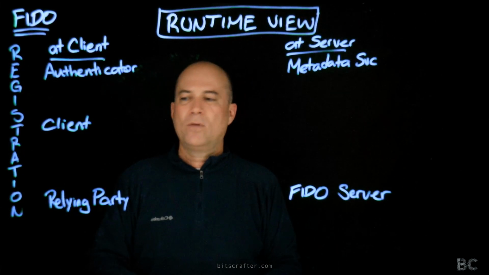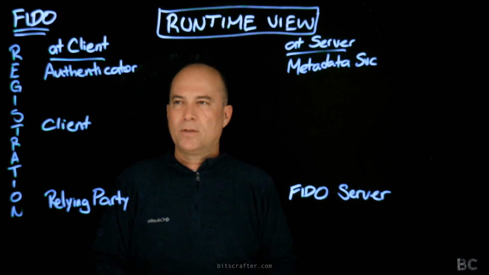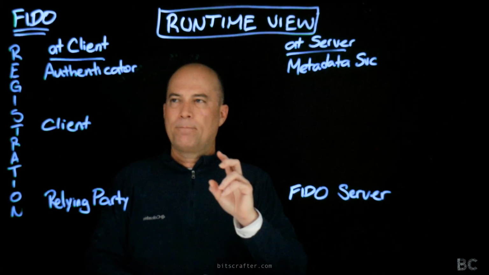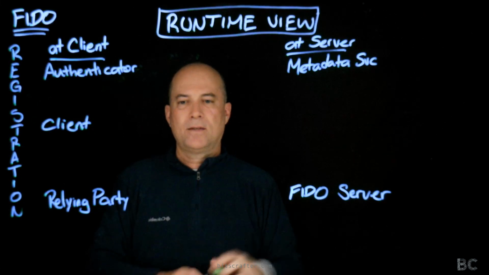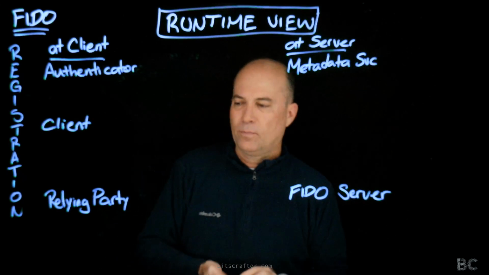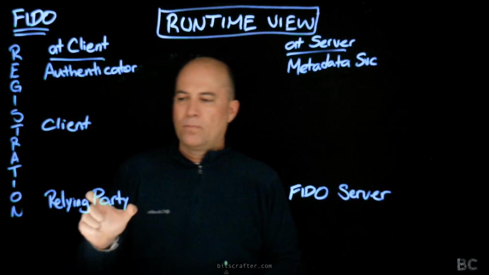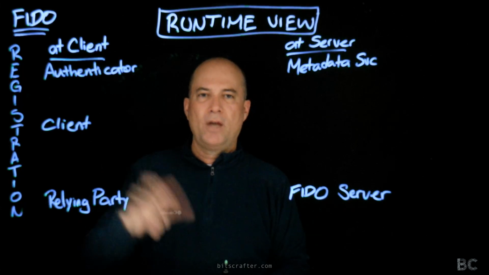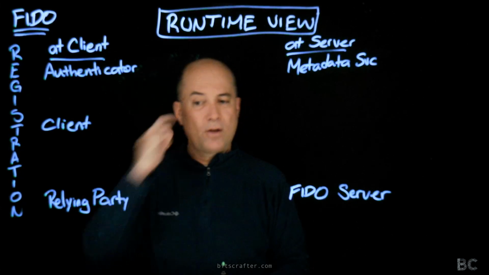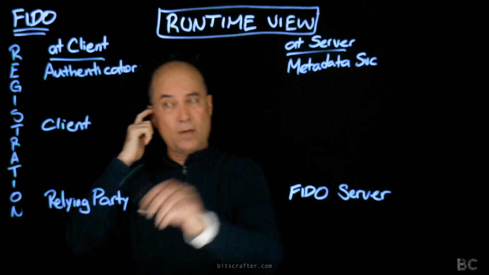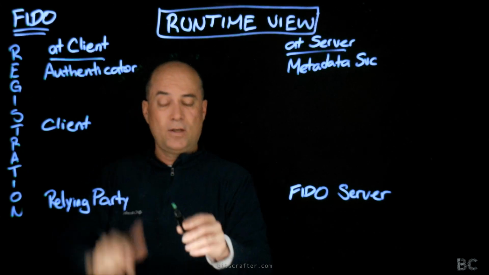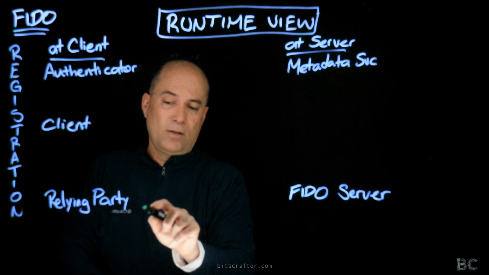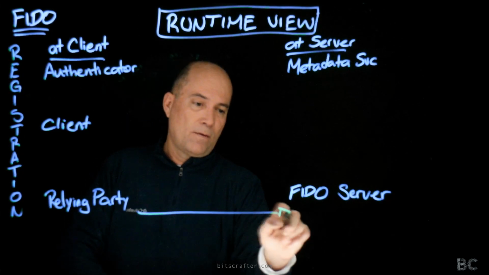And let's look at this from a flow perspective and the components or pieces that are part of this flow. So the situation is the relying party wants to create a FIDO credential ID. So that is the context. So the way that the RP in the client proceeds is it goes to the FIDO server.